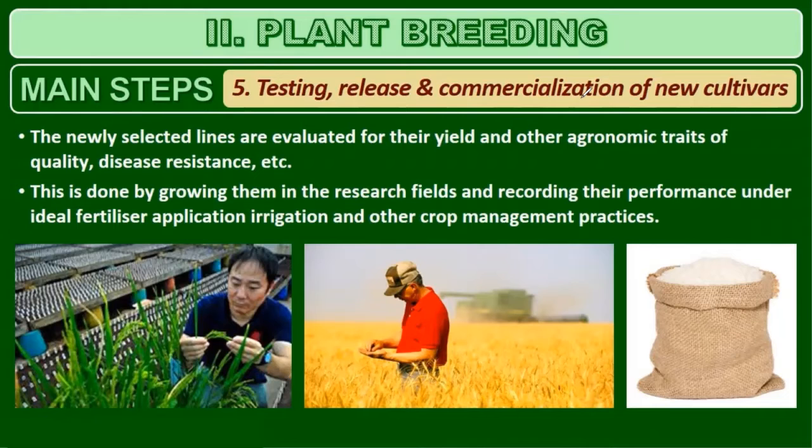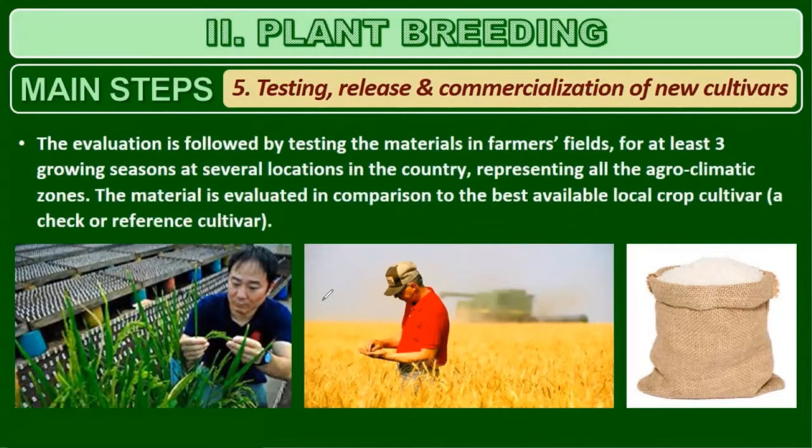This is done by growing them in research fields and recording their performance under ideal fertilizer application, irrigation, and other crop practices. This last practice is performed under experts in the research fields, where the agronomic traits are evaluated for better crop management practices.